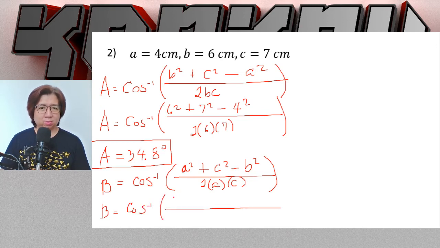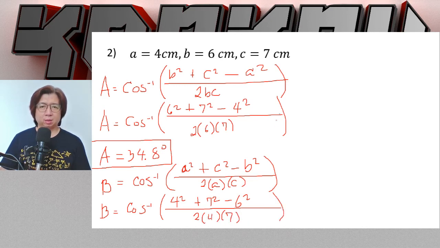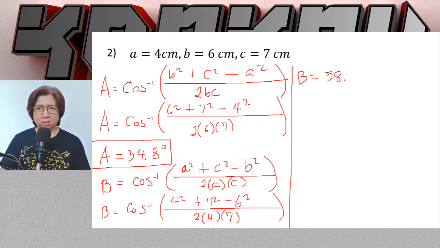We have a is 4, c is 7, and oops, not plus, minus b is 6, and 2 times 4 times 7. So angle B is equal to 58.8 degrees.